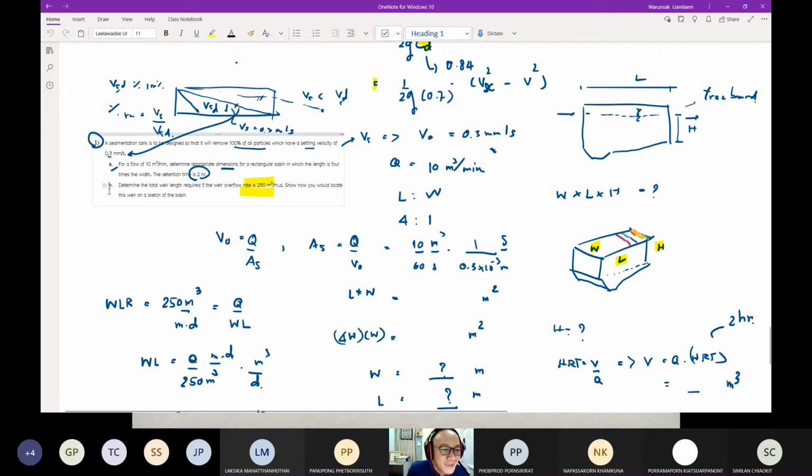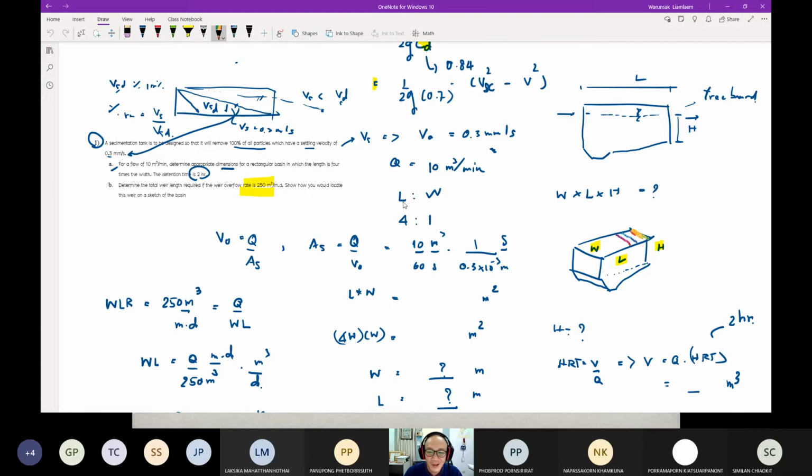Okay, for a flow of 10 cubic meters per minute, you have to find out the dimensions for the rectangular basin in which the length is 4 times the width. So the flow rate is 10 cubic meters per minute, while the length with respect to the width is 4 to 1.